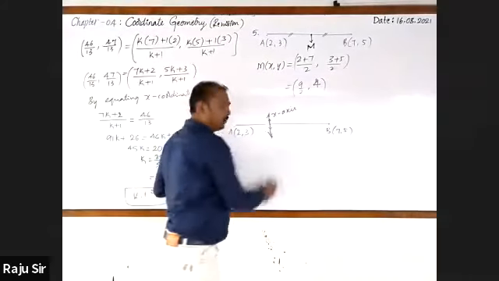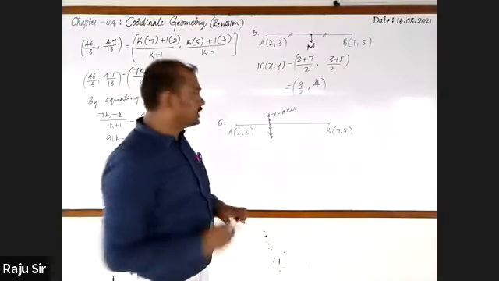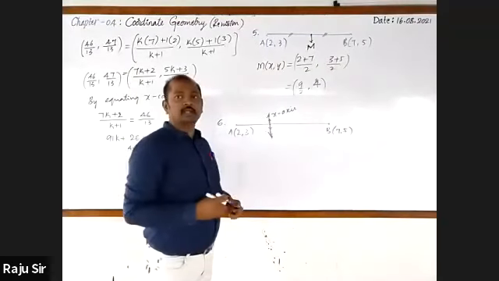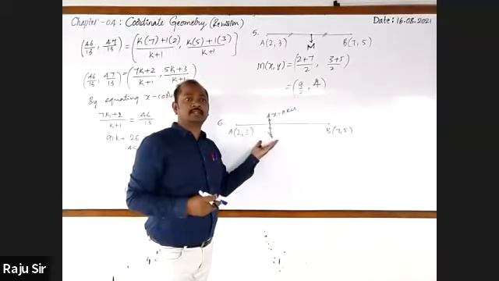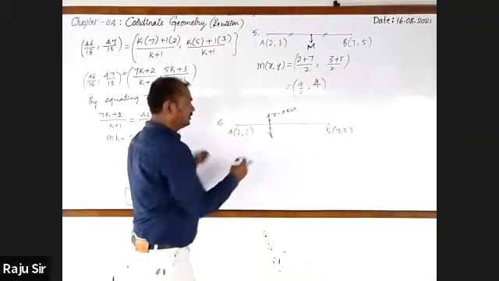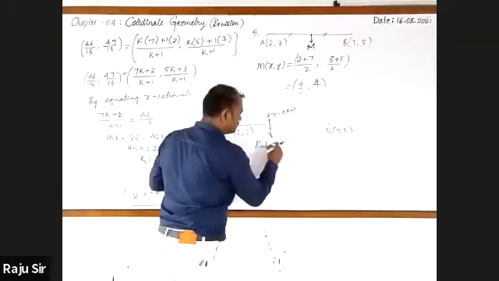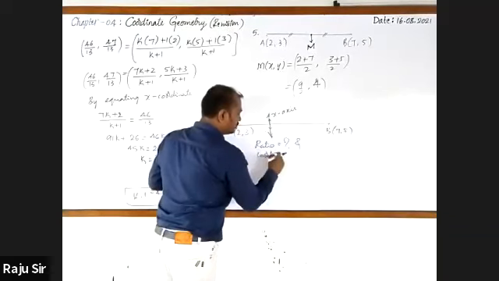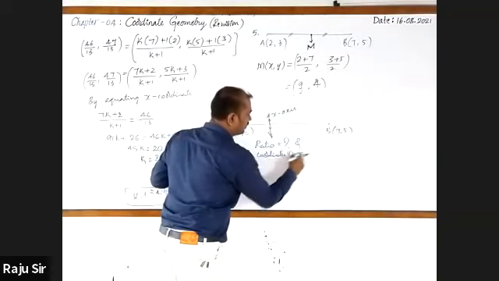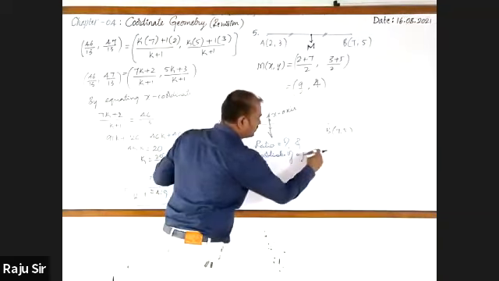Only two. They ask for the ratio, and second, the coordinates of the point on the x-axis. ಇವೆರಡನ್ನು ಕೇಳ್ತಾರೆ. Ratio and coordinates of a point on the x-axis.